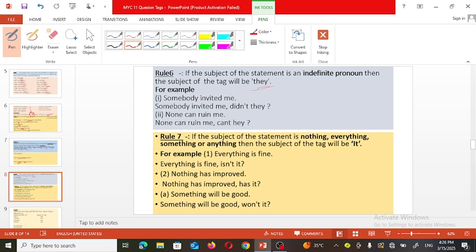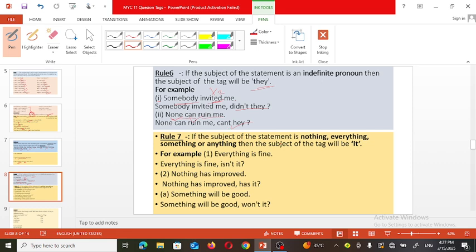For example, somebody invited me. Past tense is there. Invited, verb second form. So, didn't they? Somebody invited me. Positive sentence. So the question: didn't they? None can ruin me. Here the verb is can and the subject is none, indefinite. So the question can be, can't they? A negative tag should be added.